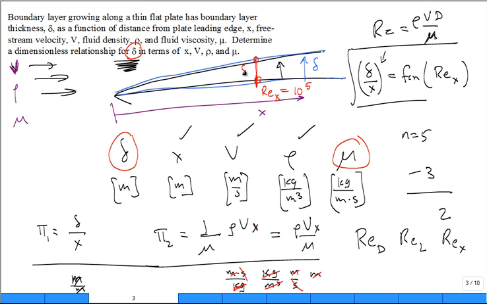I could change fluids. From one case, I could have air, maybe I have water, I could have oil, but I have to match that Reynolds number for similarity, and then I can predict the similar behavior, the scaling.